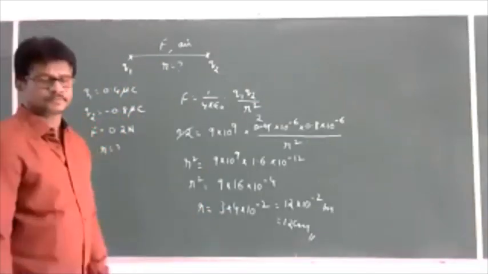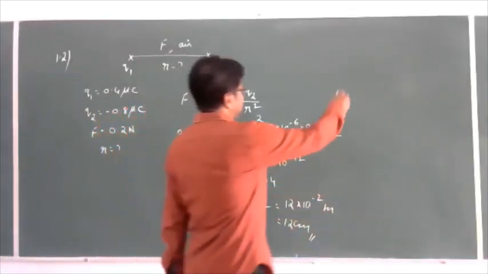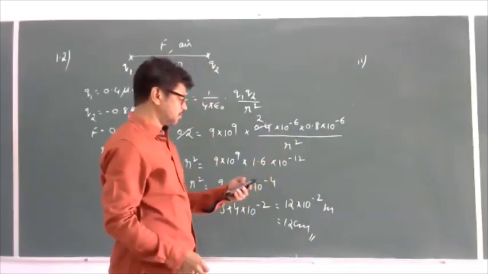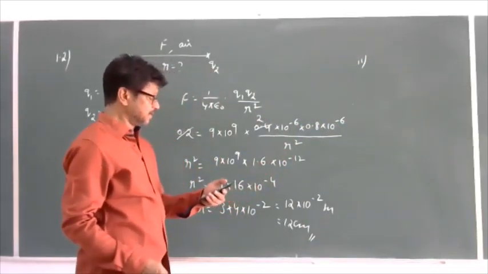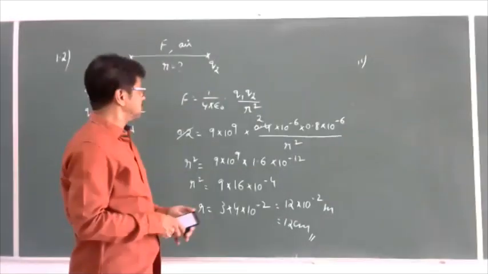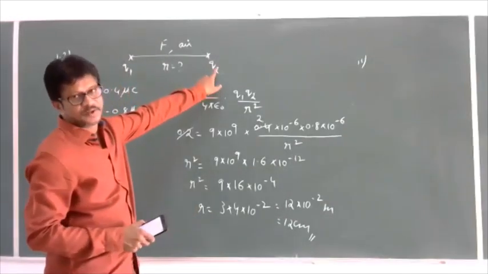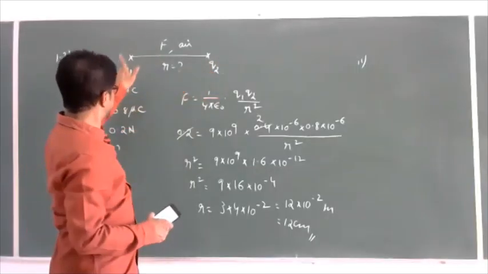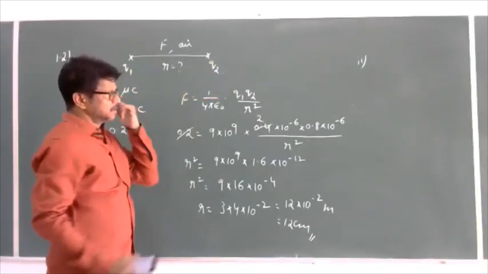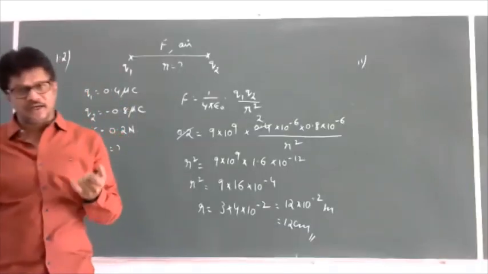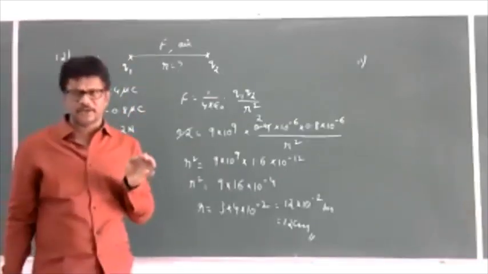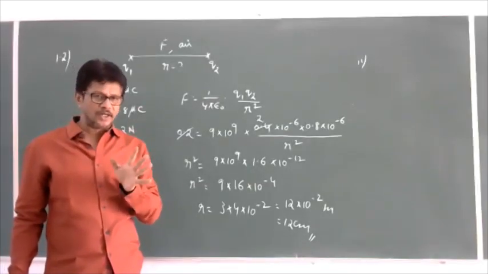So in that second point, what he is asking is, what is the force on the second sphere due to the first sphere? The Coulomb's inverse square law, the electrostatic force, will always obey Newton's third law.